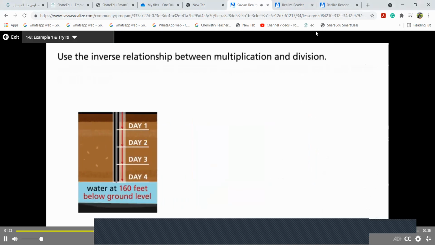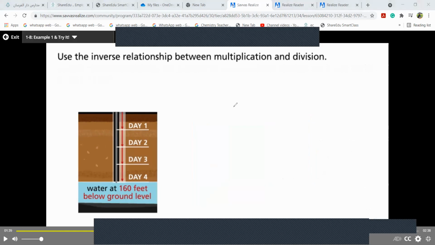You can also use the inverse relationship between multiplication and division to solve this problem. Again, I have taught you this last year. 1/4 divided by 2/3. If I want to make this a multiplication, 1/4 multiplied by 3/2. You remember?